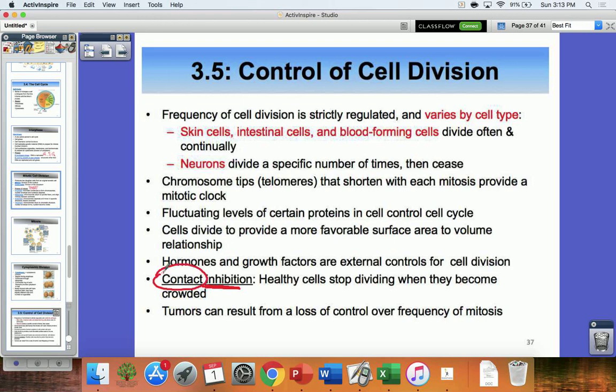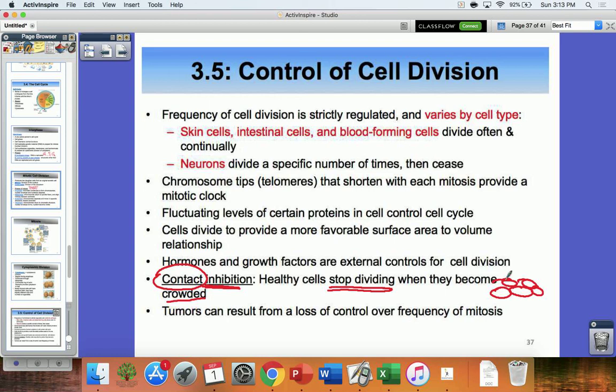And so if we have these healthy cells dividing, they may stop dividing when it becomes too crowded, meaning we have cells that are too tightly compact.